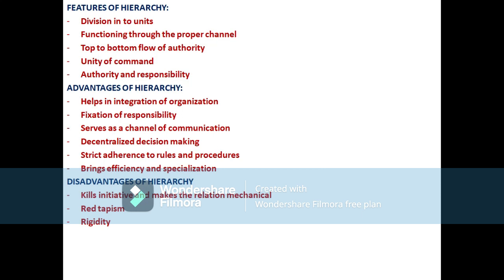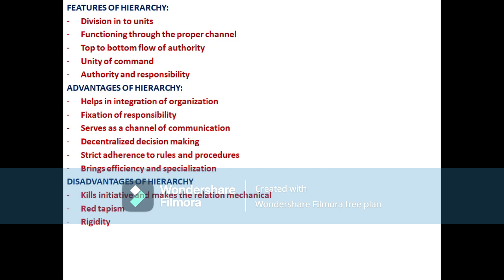Coming to the features, what are the features of hierarchy? The first one is division into units. Every organization has an objective, and for the fulfillment of the work it is divided into various functions or units, which are further divided into subunits until one reaches the base.